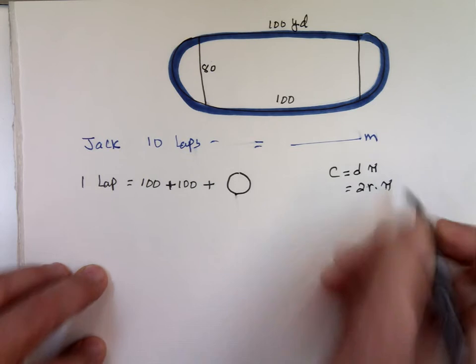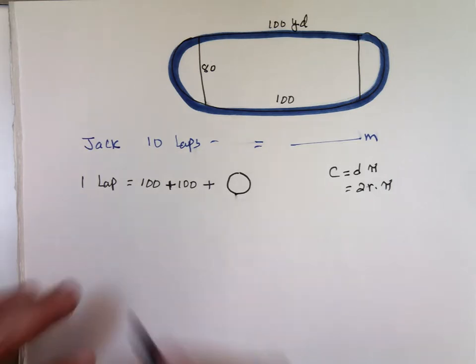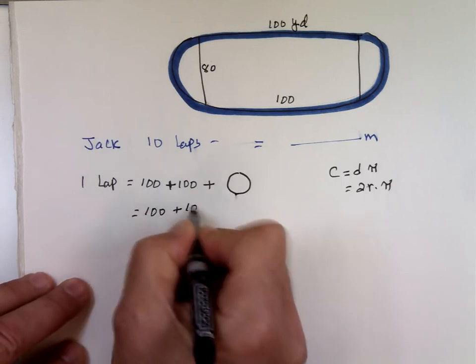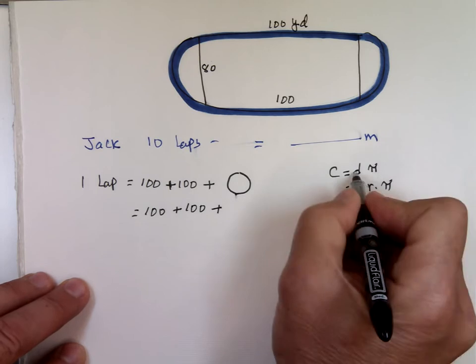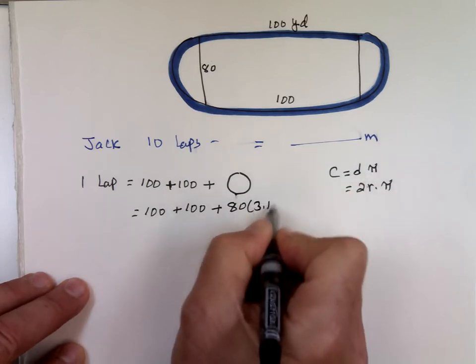Diameter is twice r. So the circumference to go around a circle is d, diameter from end to end, times pi. So in this case, that will be 100 plus 100 plus d, which is 80, times pi, which is 3.14.